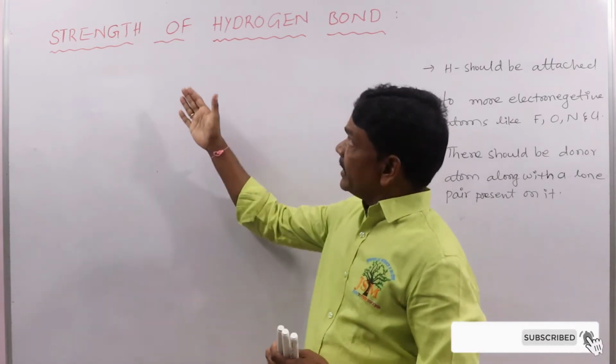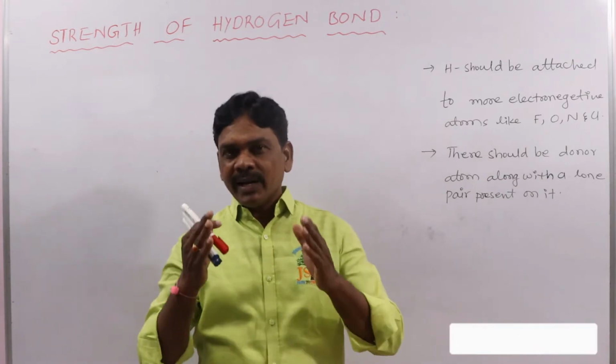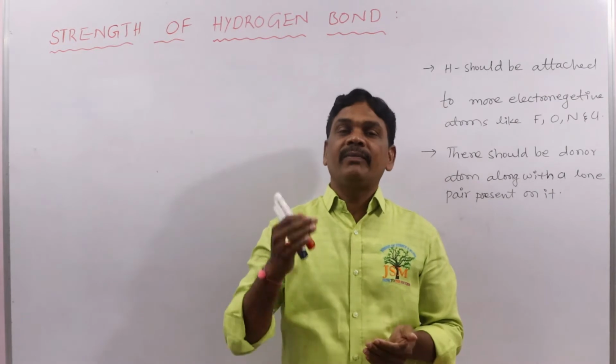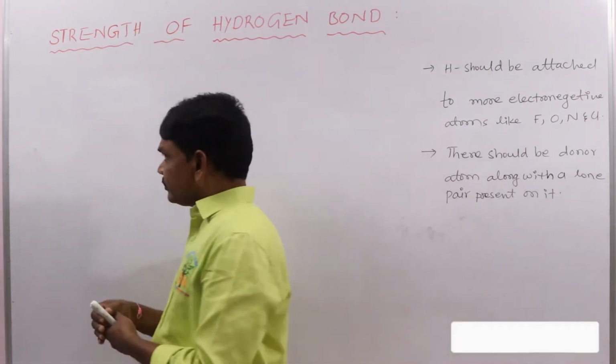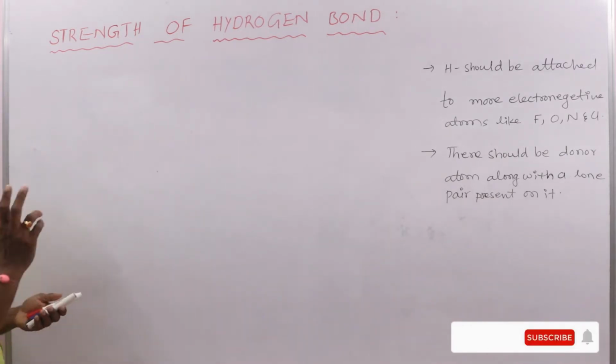Now the strength of hydrogen bond also depends upon what? The electronegativity of the atom and the electronegativity of the donor atoms. Okay, so in discussing the strength of hydrogen bond, we have two cases.